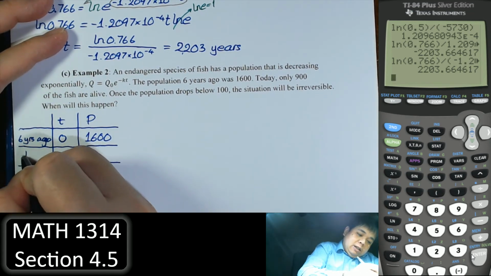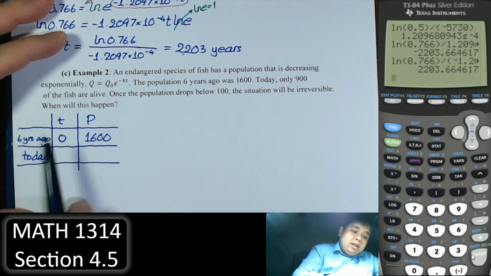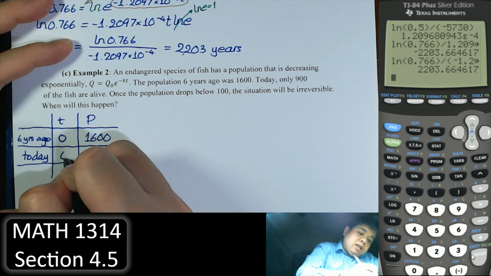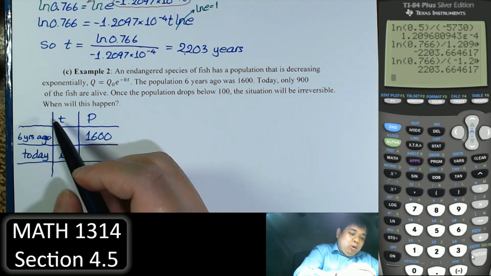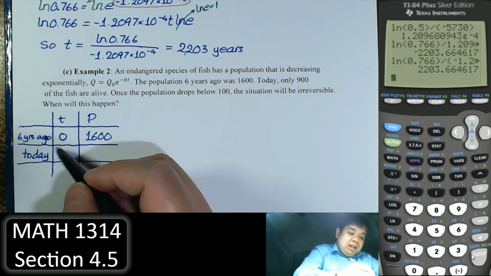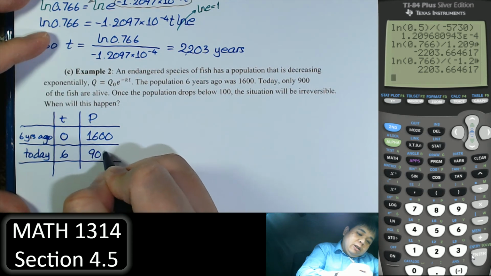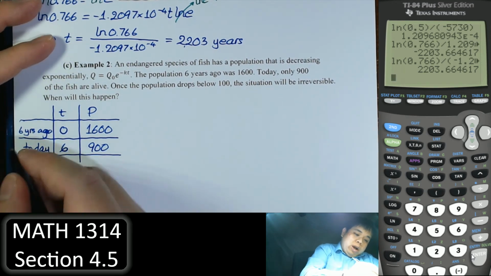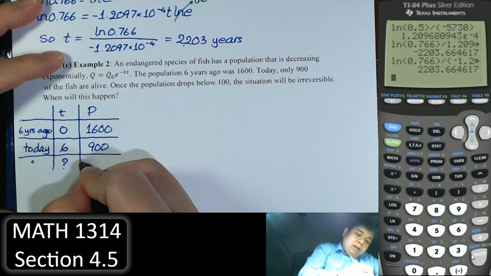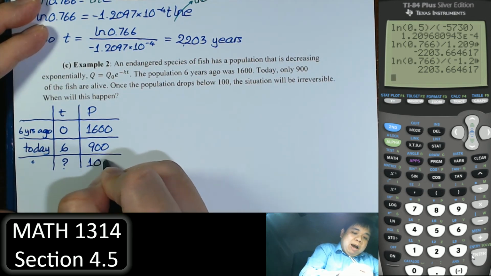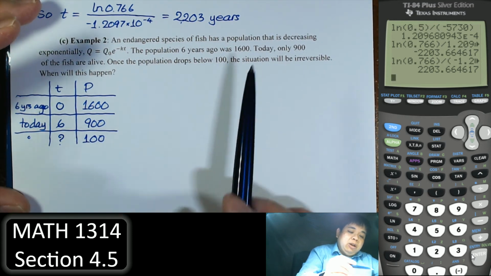Today is going to be 6 years later than 6 years ago. So if we let 6 years ago be 0, then today it's going to be 6, and that will be 900. And the question is, when will this happen? Where the population drops down to 100. In that case, it will go extinct because it will be irreversible.